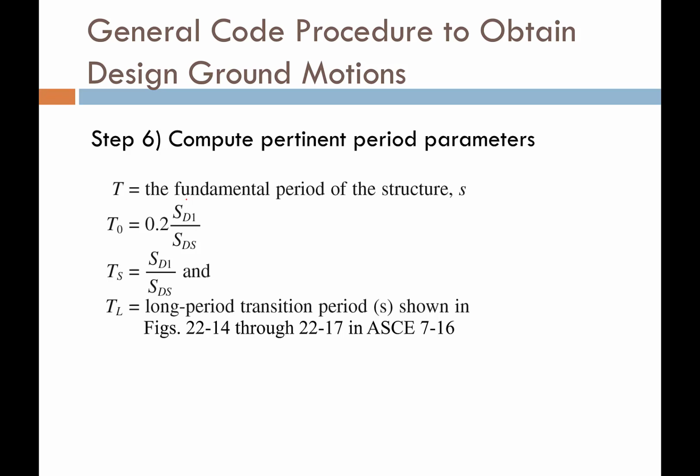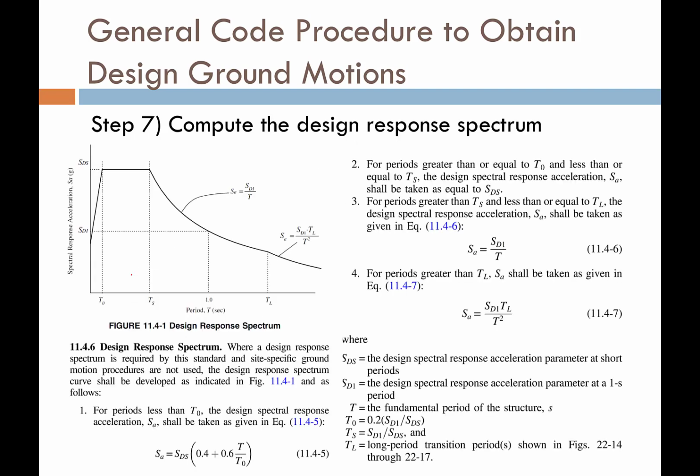You'll see what that is as soon as I show you the plot. There's the short period T, and then there's the long period T. There's the long period transition. So rather than try to explain these, just look at the figure here and you'll see what they are.